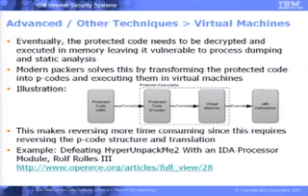This makes reversing more time consuming, because you need to parse the P code instructions and how they are translated. An example of defeating a virtual machine by creating a disassembler can be found at that link. You can think of virtual machines as Visual Basic P code compiled samples.